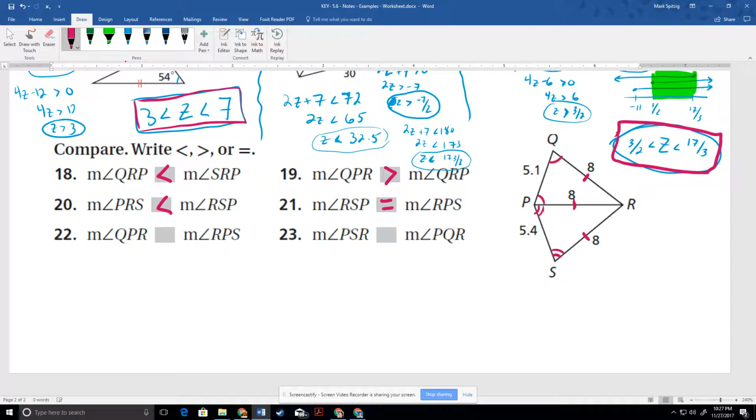We can't just directly say, oh, they're both opposite 8, so they're going to be congruent, because they're not part of the same triangle. And again, R, P, S, yeah, just making sure, and then Q, P, R, yeah. So these two angles. But what we can do is think, okay, so we know that this side is 8 and this side is 8.